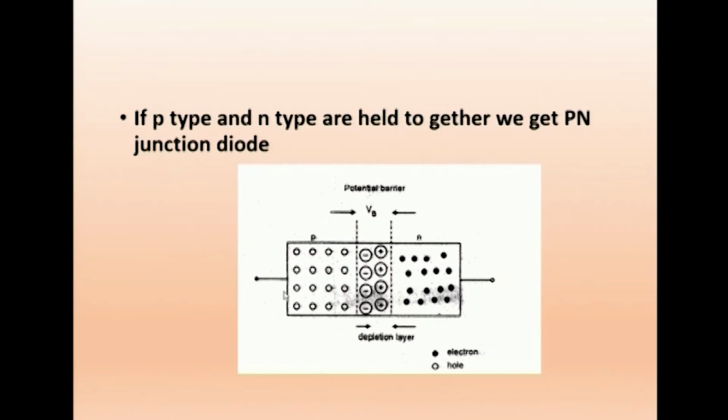In the P type we get electrons as minority, and in the N type we get positive holes as minority. The doping of the minority is very small, therefore the current will be very small. So in reverse bias, current is very small, in microamps.